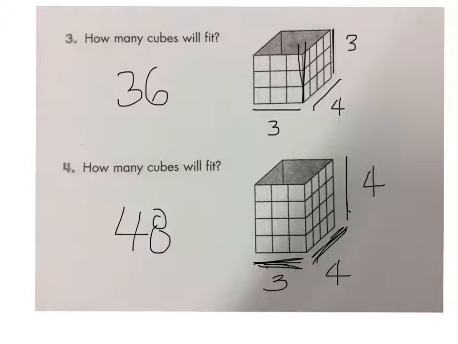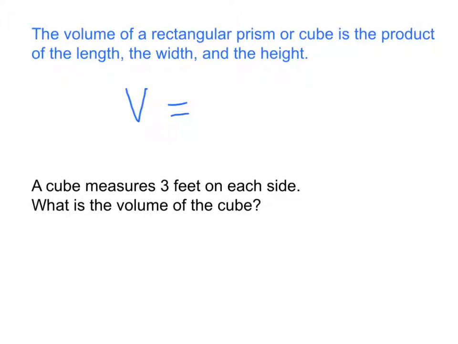To find how many cubes would fit in this box, do we multiply the length times the width times the height? Very good. The volume, which is the amount of stuff that can fit inside of a rectangular prism or a cube, is the product of the length, the width, and the height.